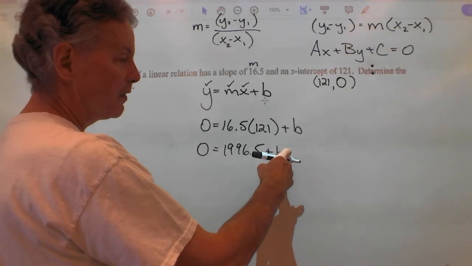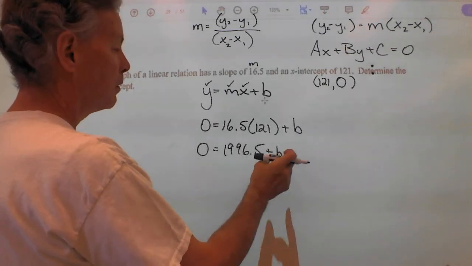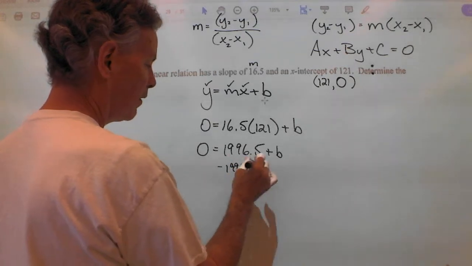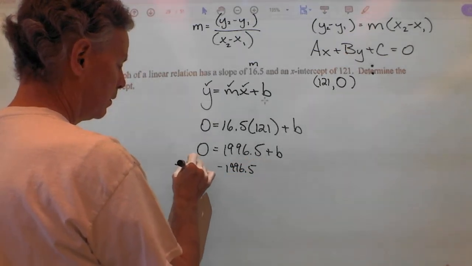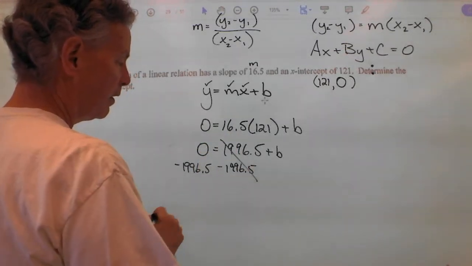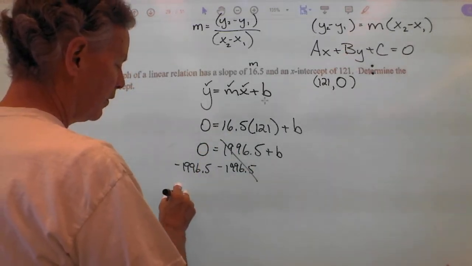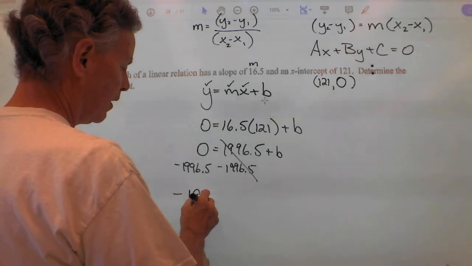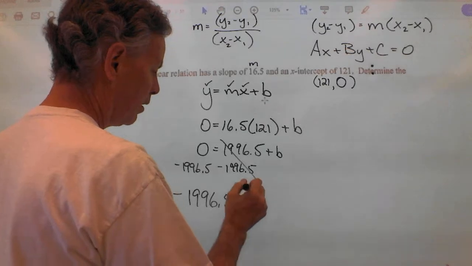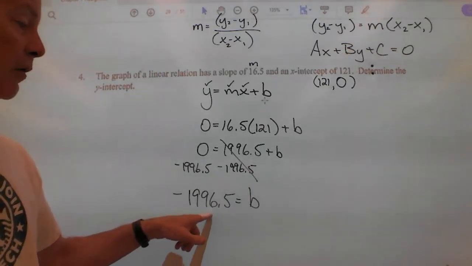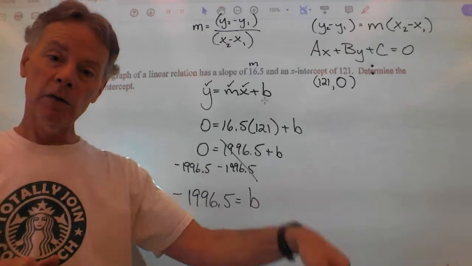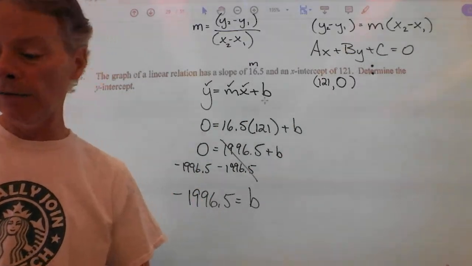We just want to isolate b, so we subtract 1,996.5 from both sides. On the right, it will cancel, leaving us with negative 1,996.5 equals b. Aren't you glad you don't have to graph that? It doesn't cross the y-axis until way down at almost negative 2,000.